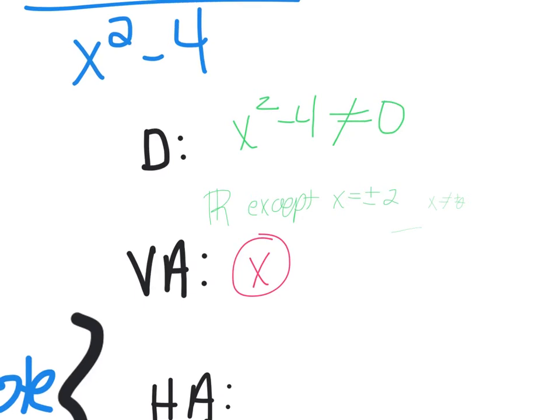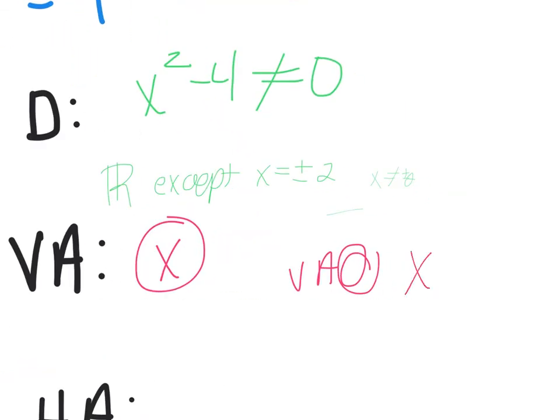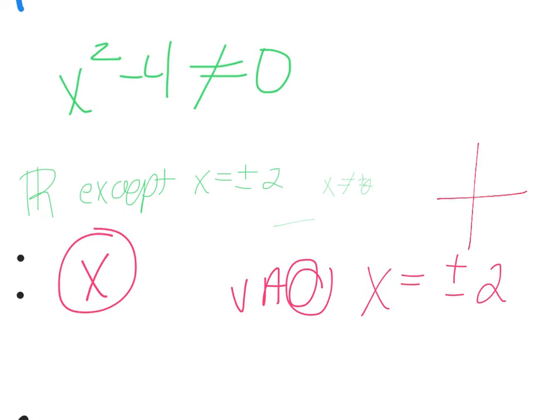We already did that, didn't we? So you're going to answer that there's a vertical asymptote at x equals plus and minus 2. That means when you graph it, you're going to have a dotted line at 2 and a dotted line at negative 2. We're not worried about graphing right now. But you have to answer: if it's vertical, it has to be x equals. If it's horizontal, it has to be y equals. Has to.